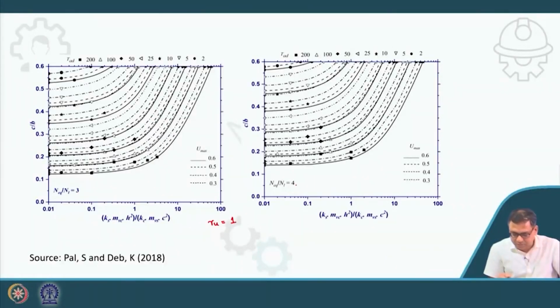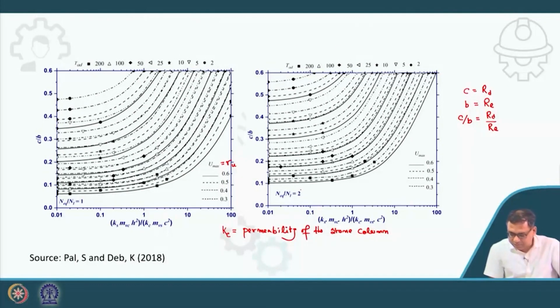This is 3, this is 4. So I will go to this one. This is NQNL equal to 2. So here this value is 0.91. So this is 0.1, this is only 1. So 0.91 is here.